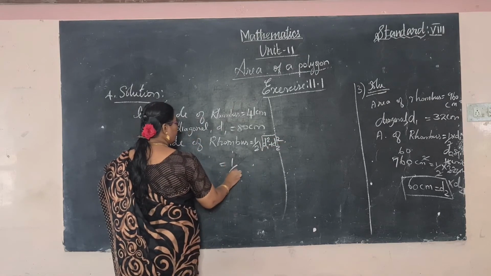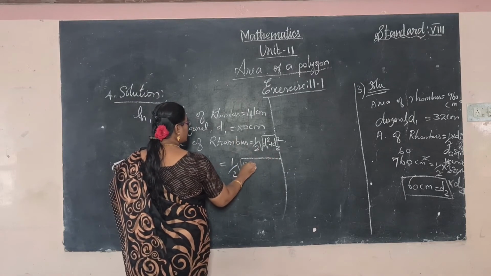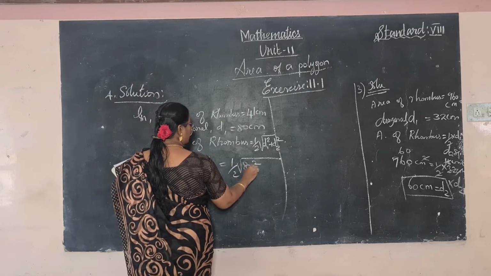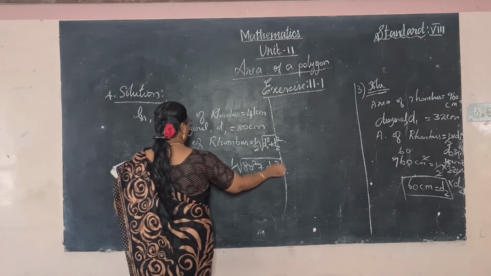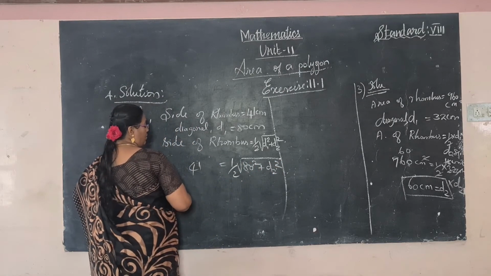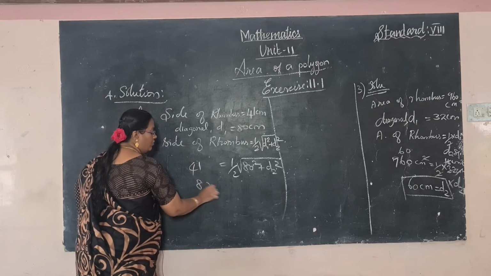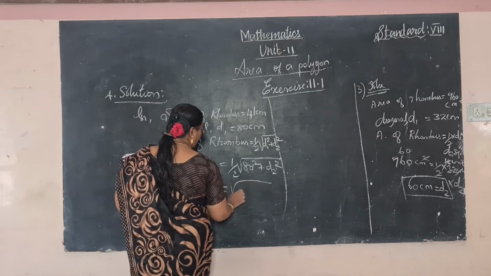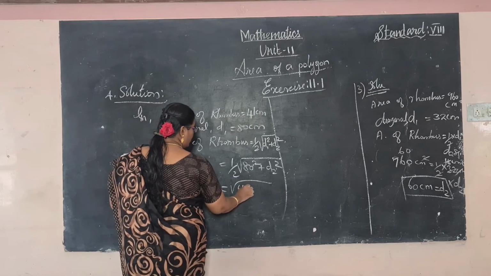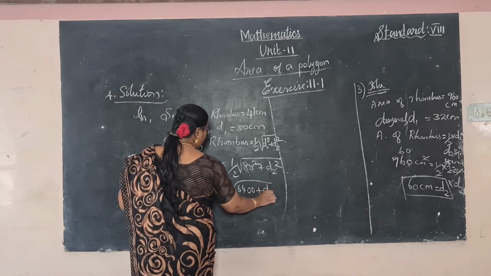So 41 equals half into square root of 80 square plus D2 square. Now cross multiply: 82 equals the square root of 6400 plus D2 square.